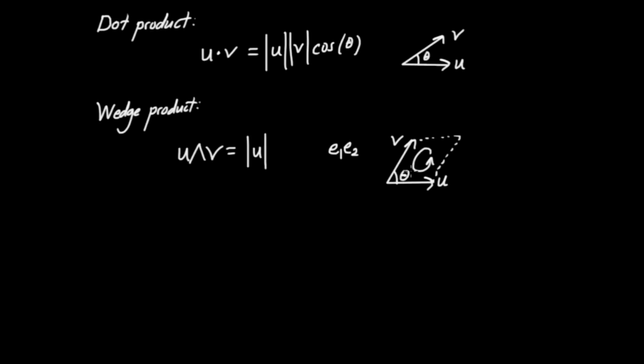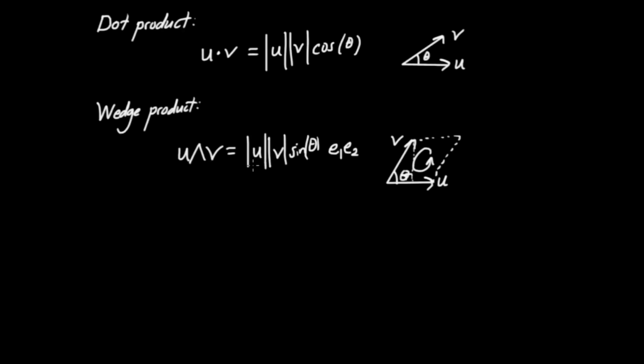Then I need to multiply that by the height of the parallelogram. And I can calculate the height by forming this right triangle here, where the length of v serves as the hypotenuse, and this opposite side, with respect to this angle, is going to have a length of v times the sine of theta. Sine because it's opposite. So that's actually another way of writing the wedge product.